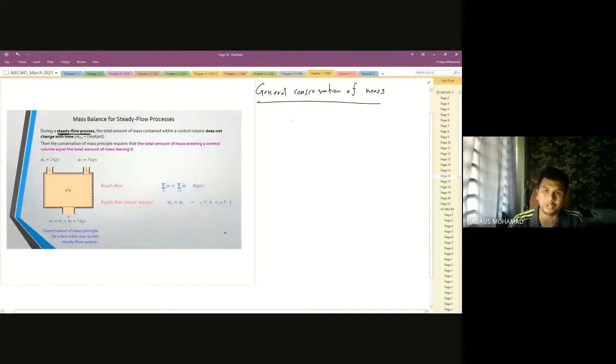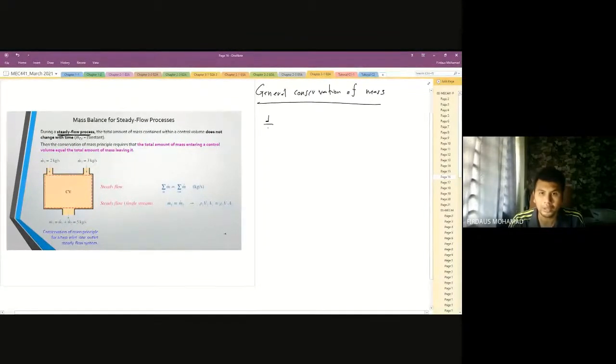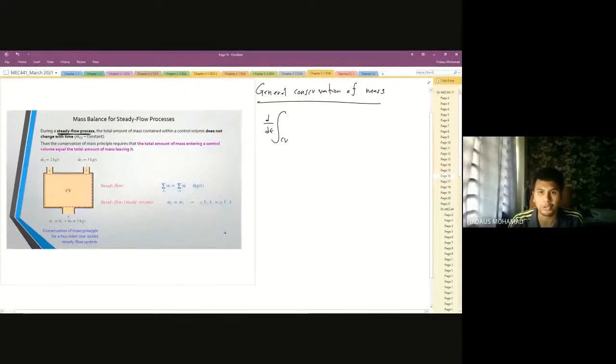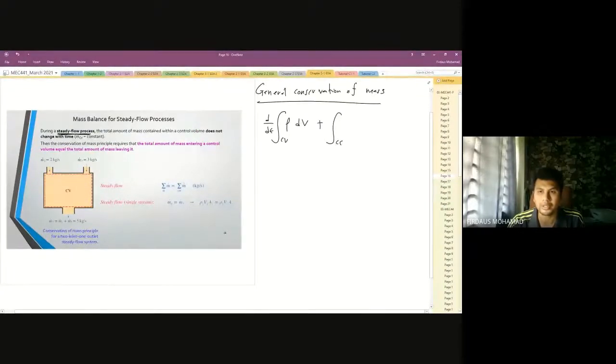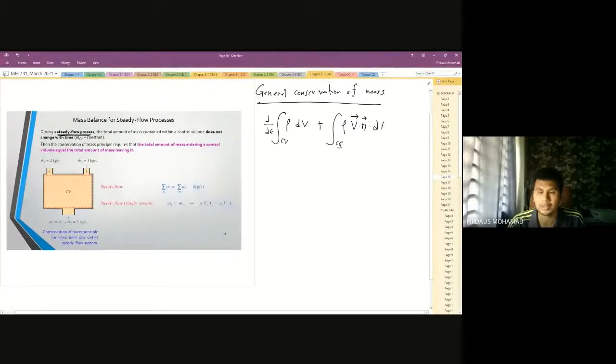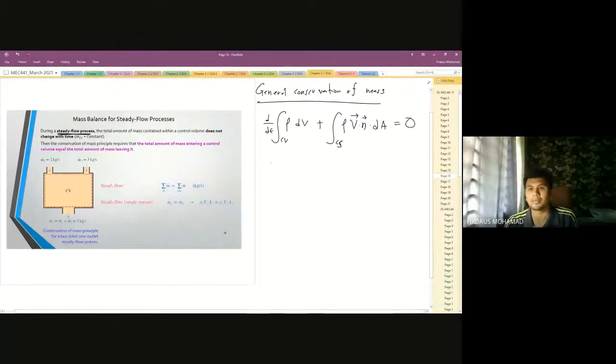in the general conservation of mass, what do we have? D over delta T of the control volume, rho dV, plus for the control surface, rho V n times dA, equals 0. Which one is zero? Which one can we not consider? This one, because it is per dt.